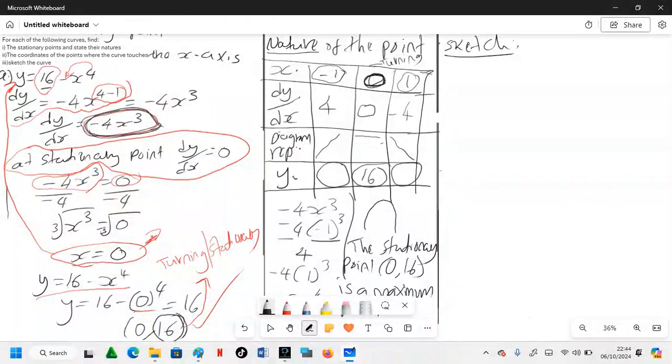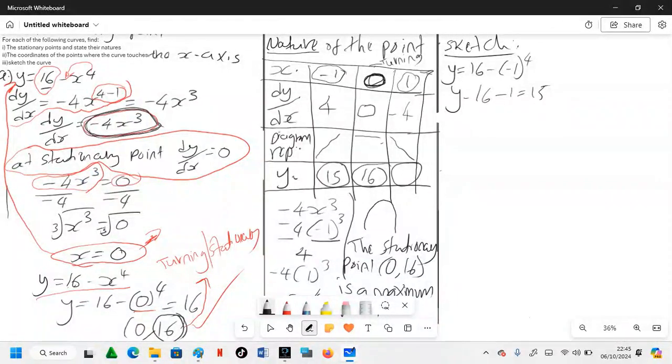For negative 1, y is equal to 16 minus negative 1 to the power of 4, and negative 1 to the power of 4 is 1. So 16 minus 1 is 15. So we have our 15 there.